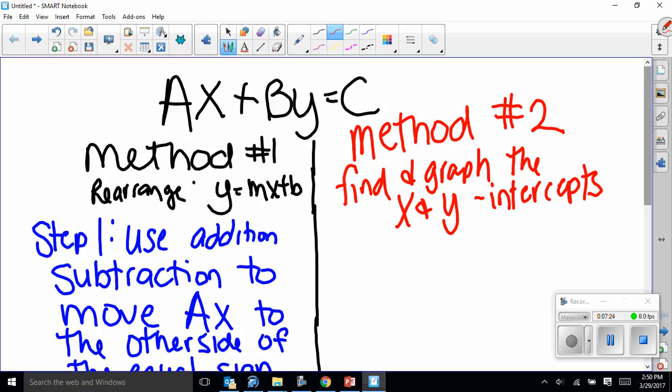Write it in that little box. Find and graph the x and y intercepts. That's what we're going to do for this one. That's how we're going to graph it.